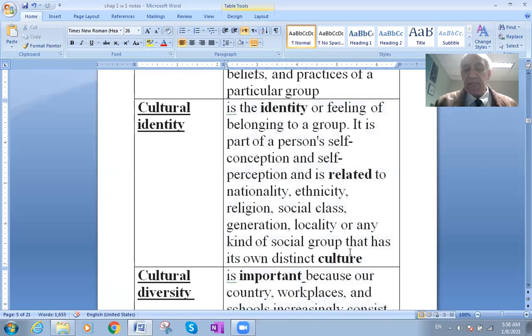So this is what we mean by cultural identity. So we have many definitions now for the word culture and for cultural identity. Let's move on.